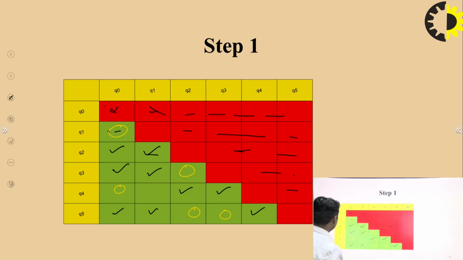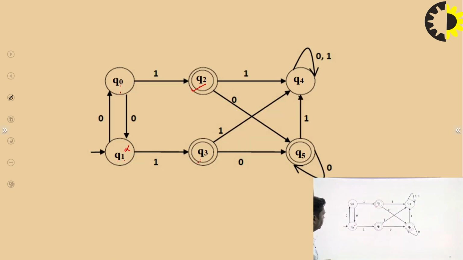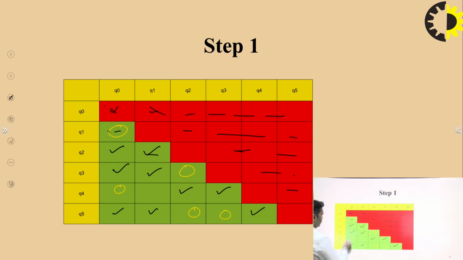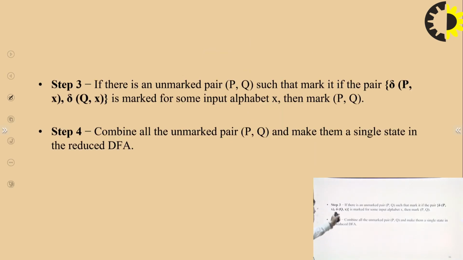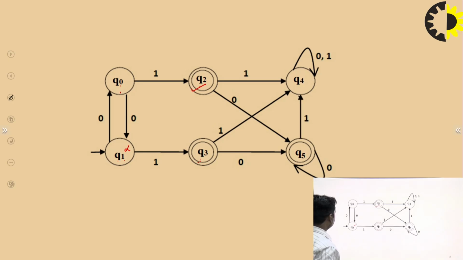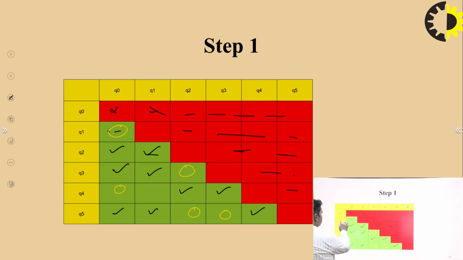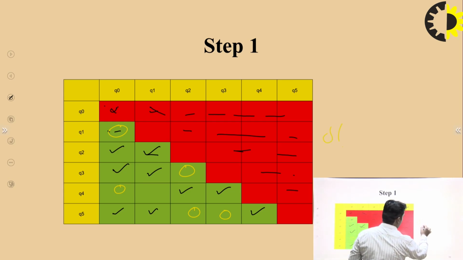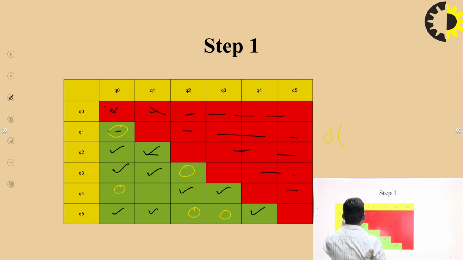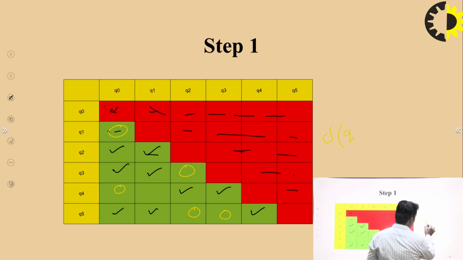We consider these states. Now we take the transition P and X and transition Q and X. Two states should be in this diagram. There are transitions, we check for Q0 and Q1, then the transition for Q0.